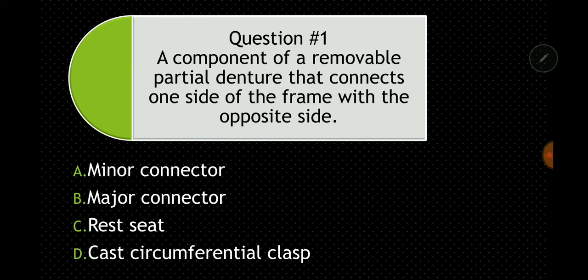Our answer here is B. The major connector is the one which connects the components of a removable partial denture from one side to the other. So keep that in mind.